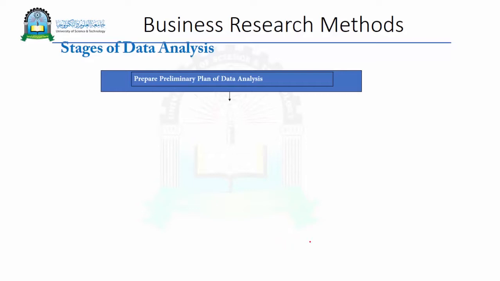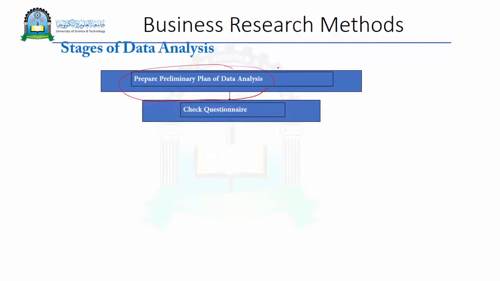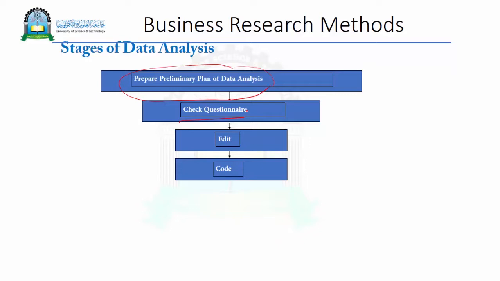The first stage in the data analysis is preparing a preliminary plan of data analysis, and then checking the questionnaire. And after checking the questionnaire, edit the data. And after the editing of the data, the researcher needs to code the data, because all the statistical programs deal with numbers, numerical, not with words.